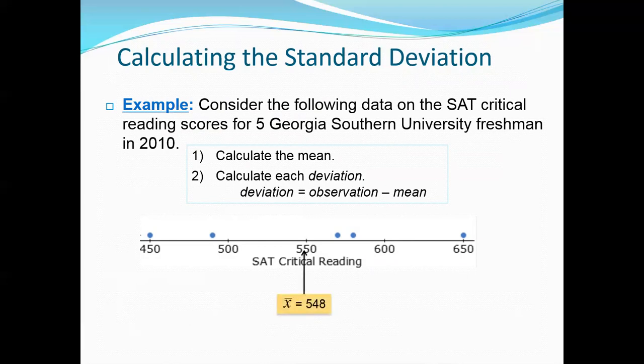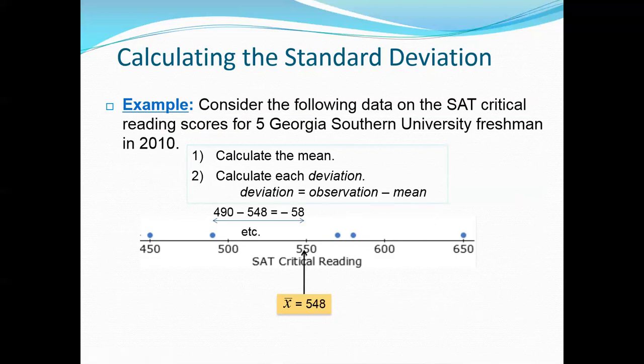The mean is to sum these 5 values that we see in the blue dots and divide by 5, which gives us the result of 548. Then 650 minus 548, so 650 minus the mean. We're looking at that farthest dot to the right, and what we're saying is the deviation between the mean and the farthest observation is 102.